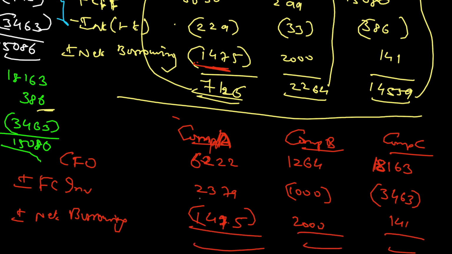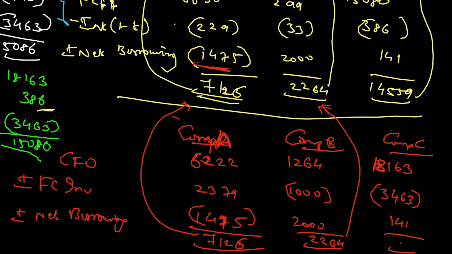If I calculate all this, 7126 will come, which matches this number. Similarly, 1264 minus 1000 plus 2000 comes to 2264, matching this number. And the third one, 18163 minus 3463, and this 141.